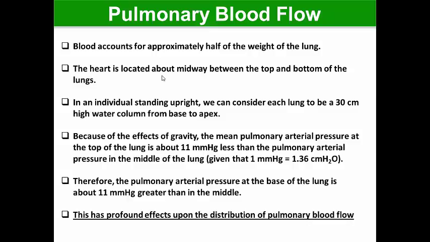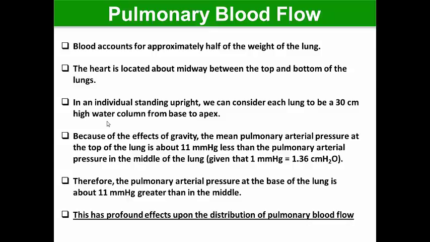So in an individual who is standing upright, we can consider each lung to be a 30 centimeter high water column from the base to the apex. This is because of the blood in the lung.